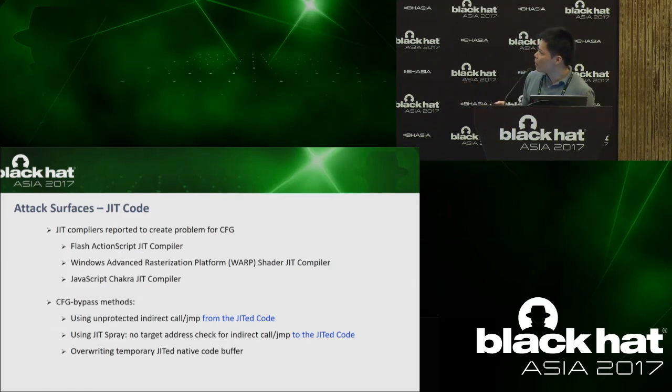The CFG bypass methods include using unprotected indirect call or indirect jump from the JIT code, using JIT spray because there's no target address check for indirect call or jump into the JIT code area, and lastly, by overwriting the temporary JIT native code buffer. I'll give you an example of each method listed here.